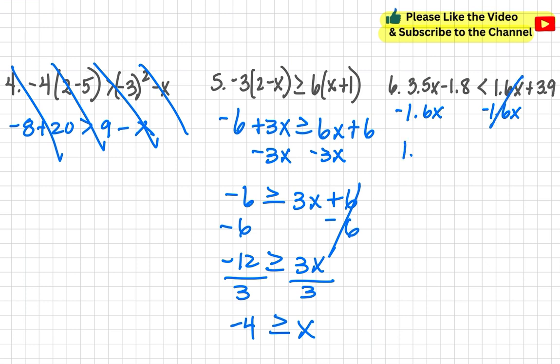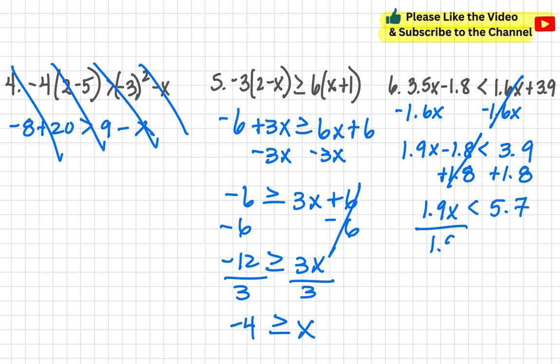And then I have 1.9x, then minus 1.8, 3.9. Then I'm going to add 1.8 to both sides to get rid of this. So I have 1.9x is less than 5.7, divided by 1.9, divided by 1.9. X is going to be less than 3.